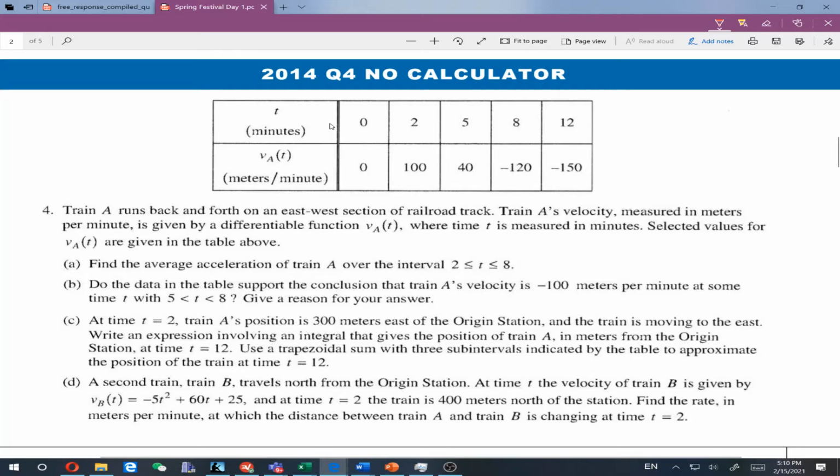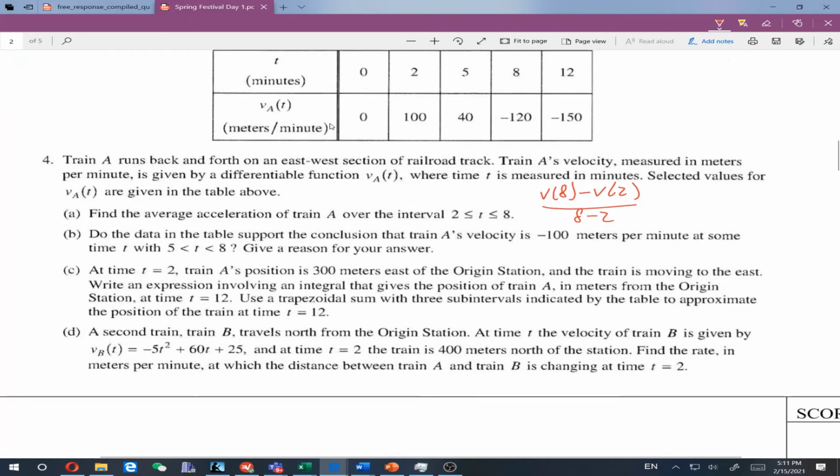Right. So go for it. Okay. Perfect. I'm going to rewrite that down here.